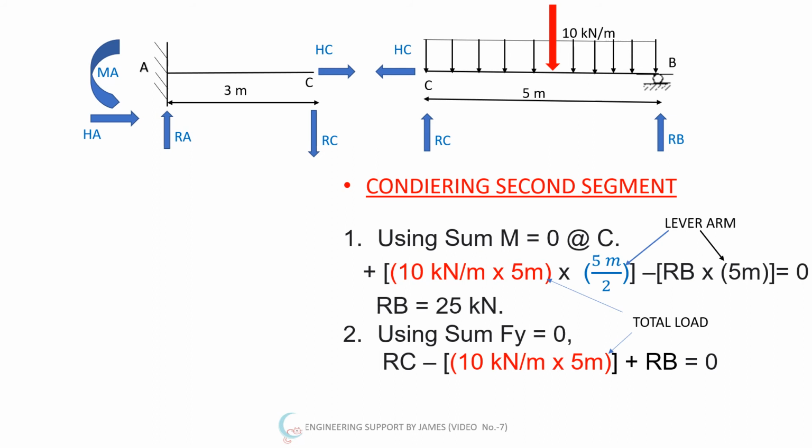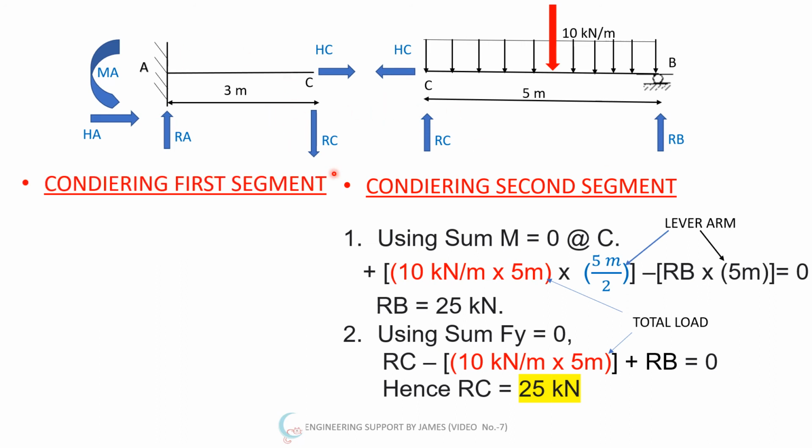After solving it I'll get the RC as 25 kilonewton. So this RC I am getting 25 kilonewton here, which is upward, and for the first segment it will be downward.